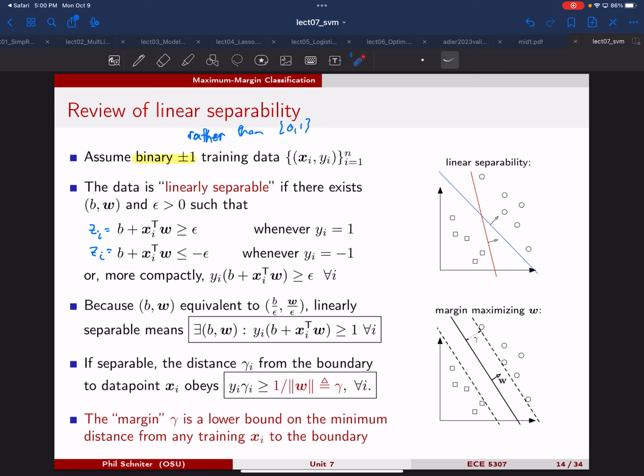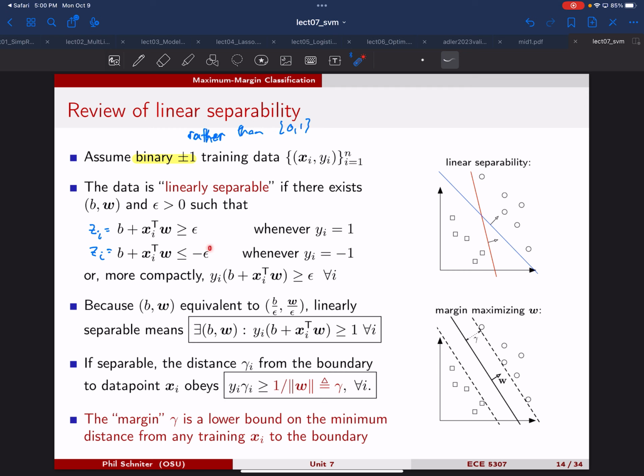Okay. So the first thing we can do, leveraging the fact that the labels are plus or minus 1, is rewrite both of these as one equation. That's this. If I multiply this by y_i when it's 1, nothing changes.